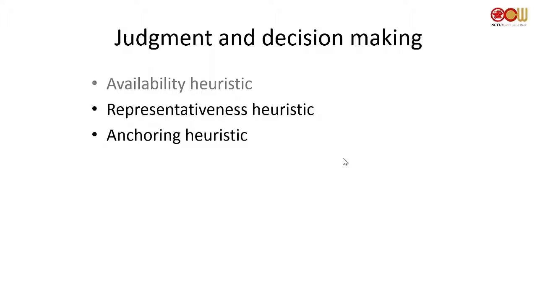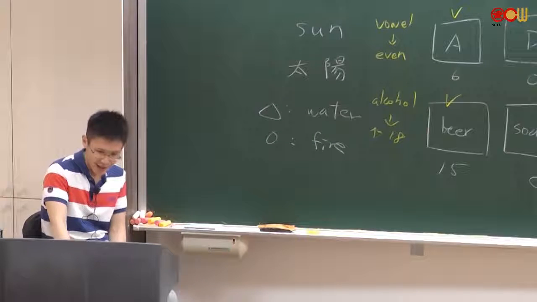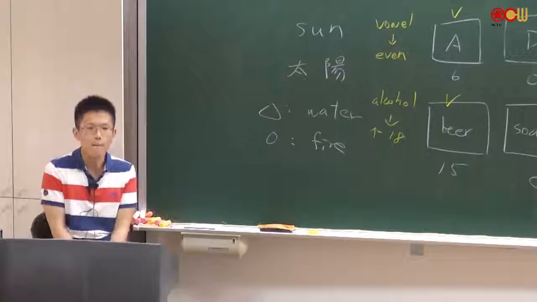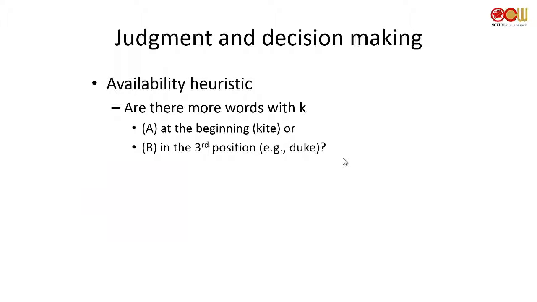Availability heuristic, what is it? Availability heuristic is when you are making a decision based on the more available information in your memory. For example, some people might think that taking an airplane is dangerous.